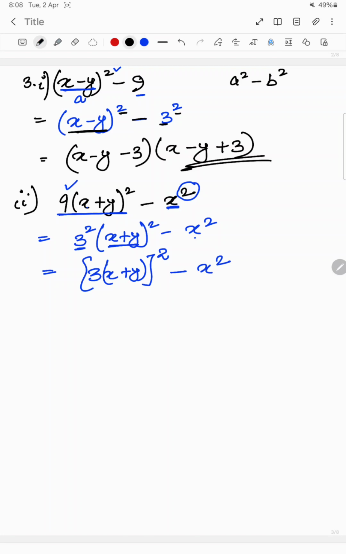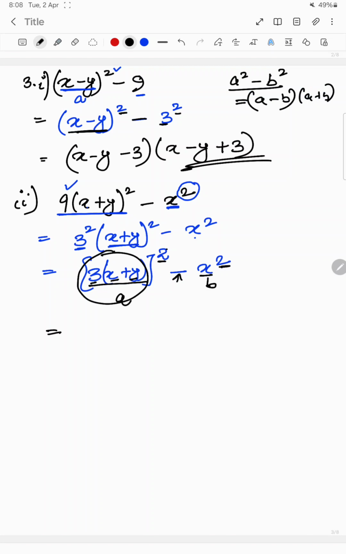Now you see I have converted the given number in the form of a square minus b square. So 3 into x plus y is one number, so this entire is a square, and this x is b square. So now a square minus b square is a minus b into a plus b, which you all know.